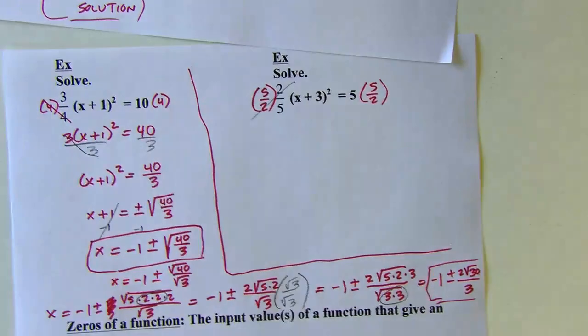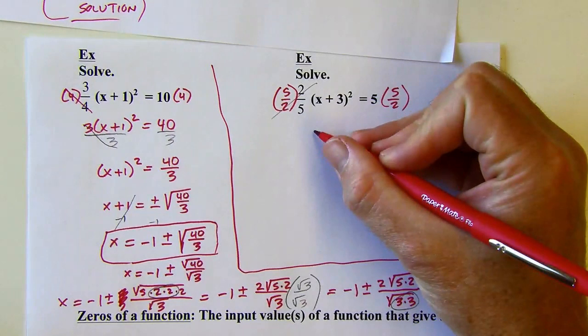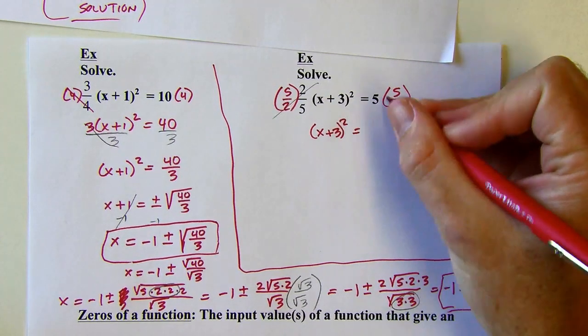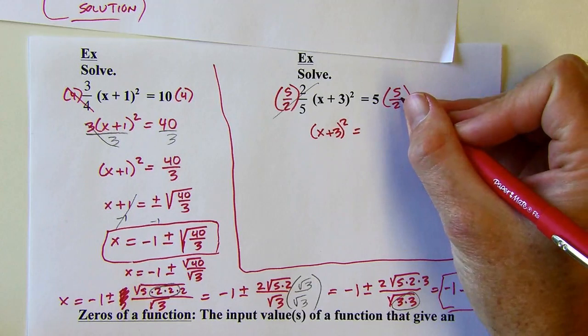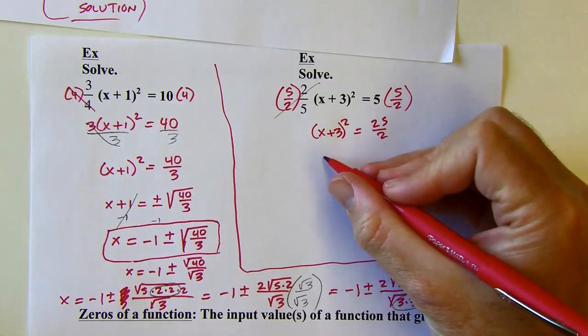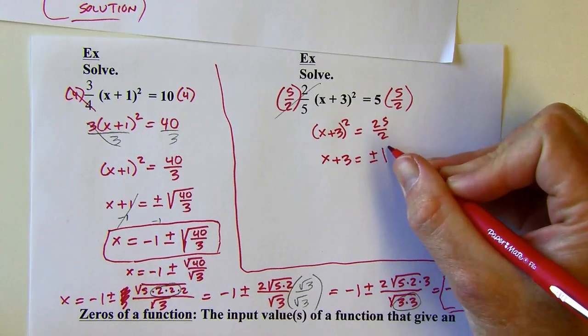Okay, so let's get to this example over here. I'm down to x plus 3 squared, and then think of that as 5 over 1 times 5 over 2, right? That's going to give me 25 over 2. I'll take the square root of both sides. Don't forget the plus or minus symbol.